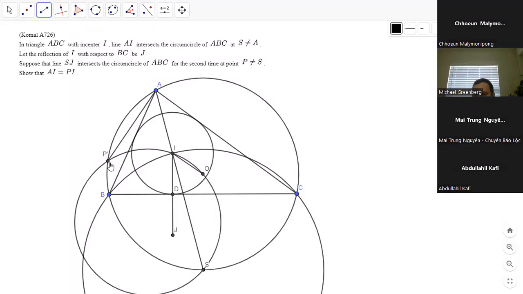So yeah, if we define P the original way, and we can show that IOSP is cyclic, then that would solve it.